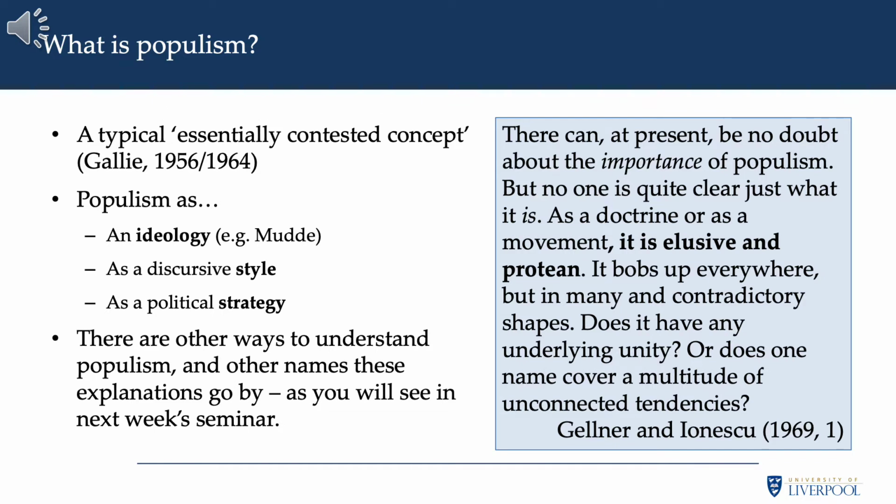So, for example, Portugal was often held up as an exemplar of a country that has avoided populism until very recently, when a new populist radical right party has emerged and is doing very well in the polls. No party is immune. Pretty much every European country has a populist party. Some now have two, maybe even three, and no party family is immune from populism. And we'll talk about what that means later.